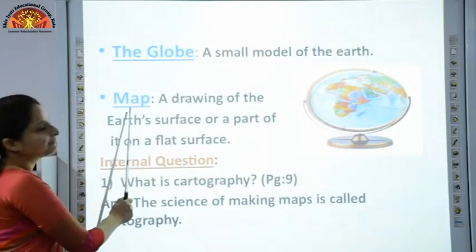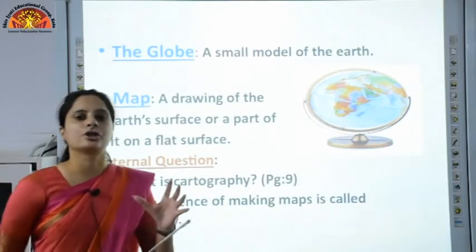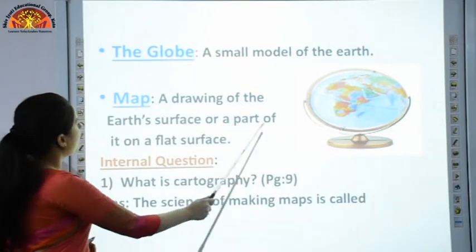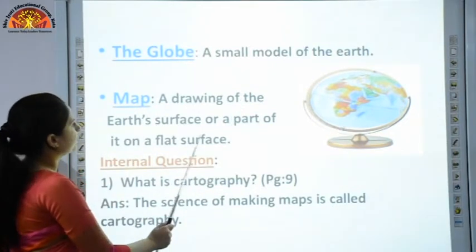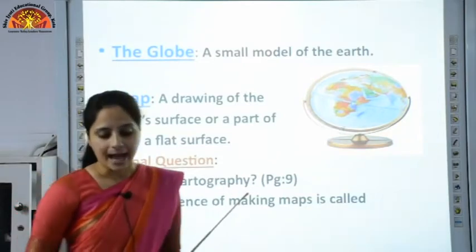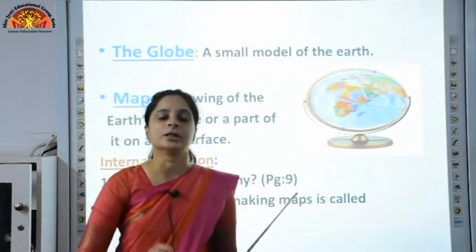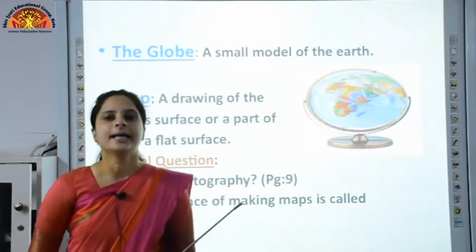So we also have a map which is also one of the important tools. A drawing of the earth's surface or a part of it on a flat surface, that is called a map, but you cannot flatten out the earth's surface on a sheet of paper, so it will always have some errors.